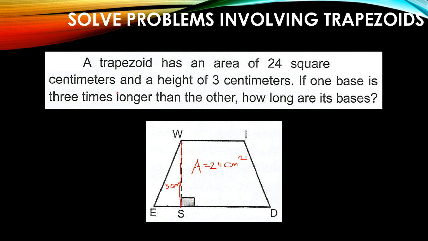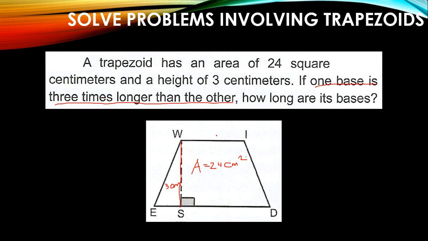If one base is 3 times longer than the other, how long are its bases? So how are you going to translate that one? One base is 3 times longer than the other. So that is the basis for interpreting it in a mathematical statement.